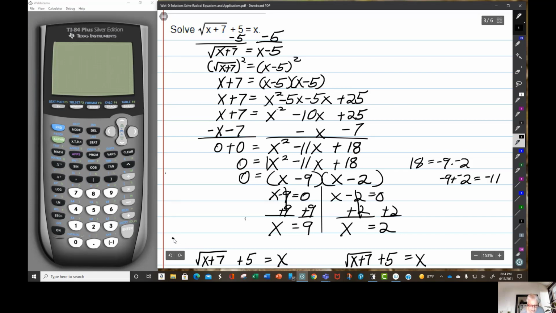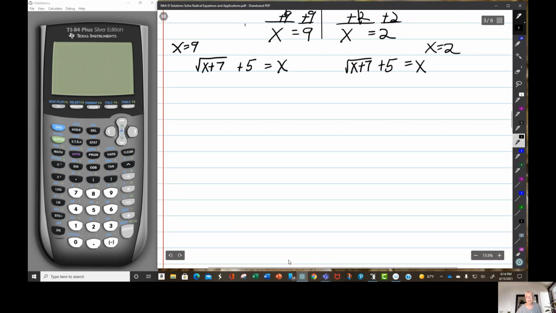And I'll use this side for x equals 9, and this side for x equals 2. And then I'll scroll up so I can see what I'm doing. And you can too.